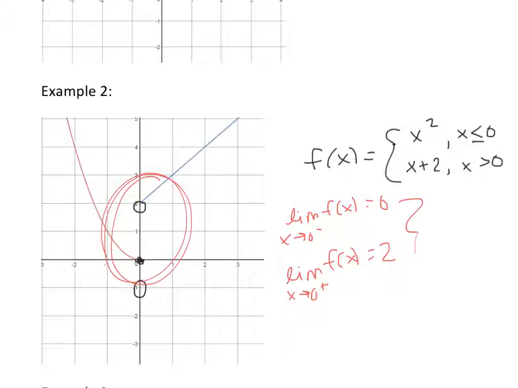Because this is happening, we would say that f prime of x does not exist at x equals 0. We can't find a derivative where we can't take a limit. Not only that, if we were to look at our derivative rules, we're going to actually find f prime of x.